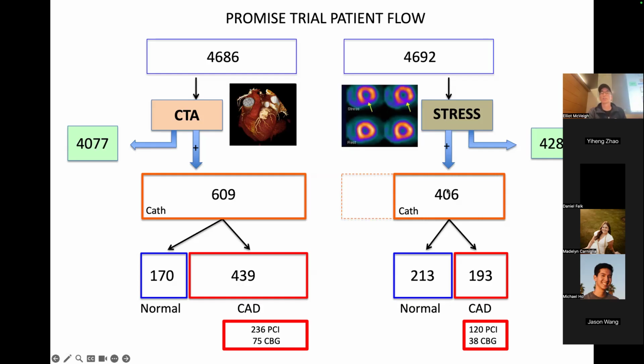So do you send someone to the cath lab? So 406 got sent to the cath lab. In the CTA group, same risk structure and everything, after the CTA, 609 got sent to the cath lab. So we have a big difference already in the behavior of those two groups in how the healthcare system is going to, you know, what do you do next with this patient?